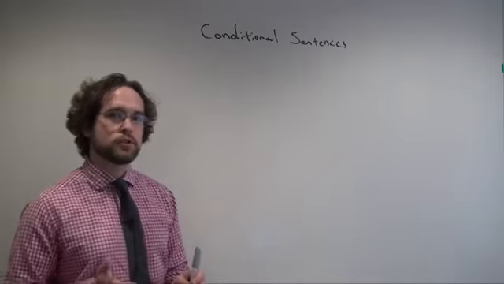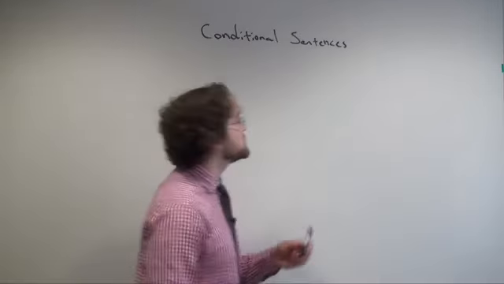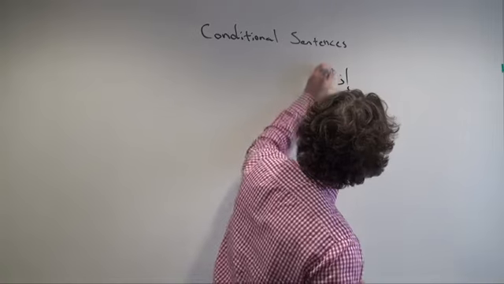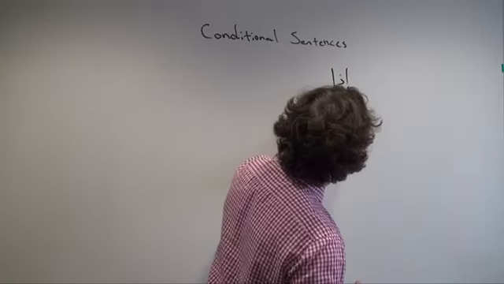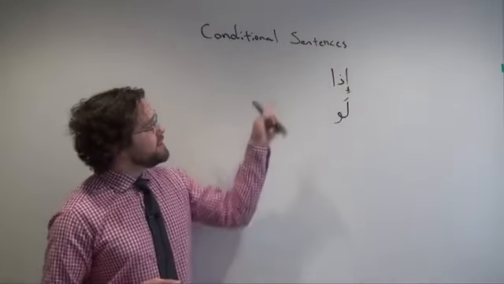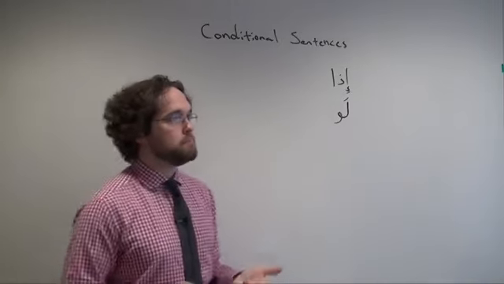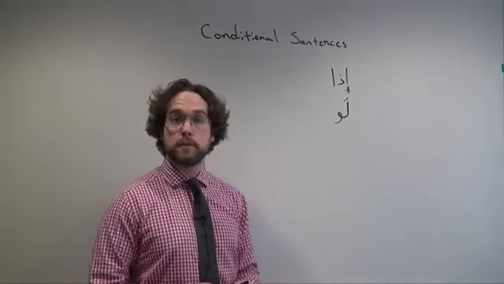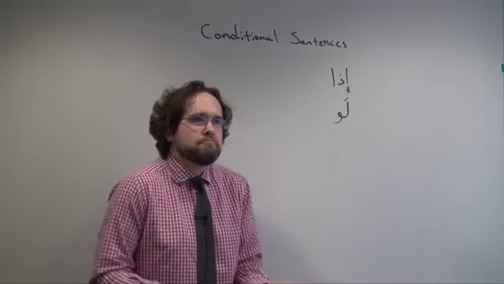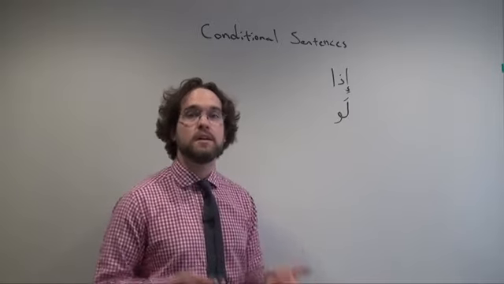So in formal Arabic, there are two words that we use very often to express the conditional possibilities. We can use the word إذا, or we can use the word لو. إذا and لو differ in that إذا is used to express conditions that might be fulfilled, and لو is used to express a conditional idea that is contrary to fact, right?